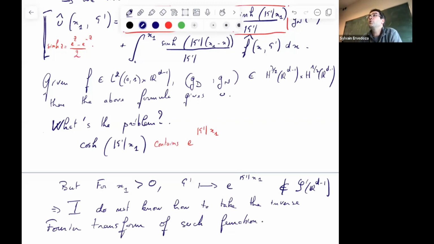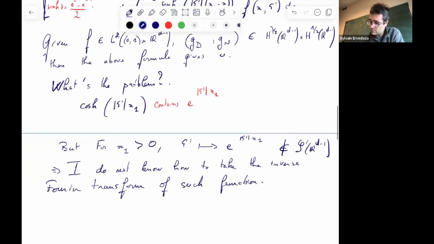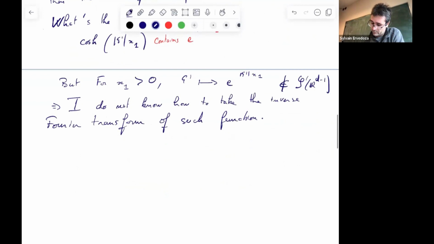Okay, so this is a kind of a paradox, right? You have a very nice formula, but somehow it is useless because you cannot take the inverse Fourier transform of it. So this is typical of this Cauchy problem for the Laplace operator.